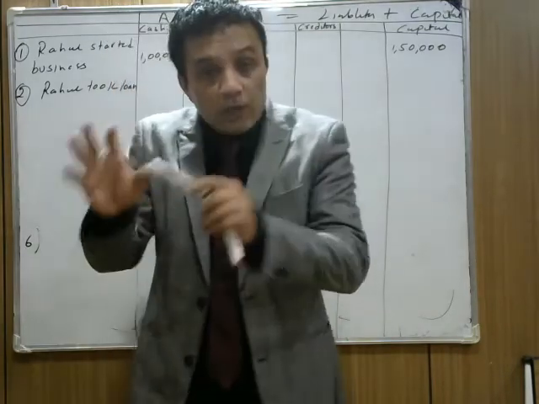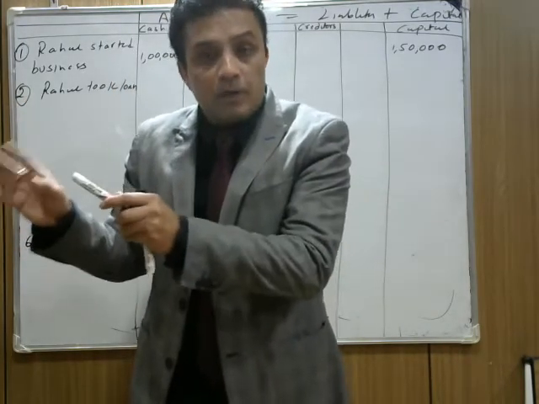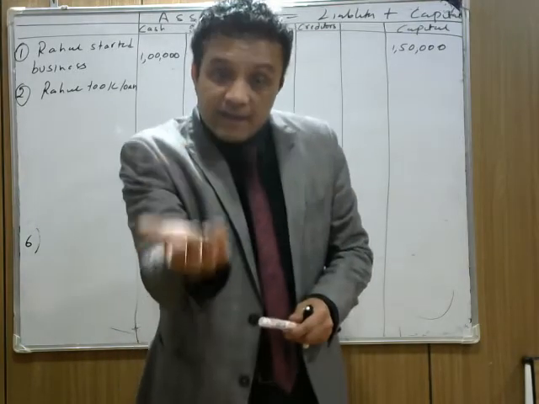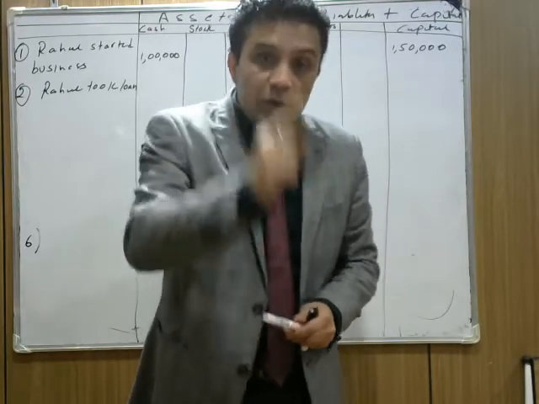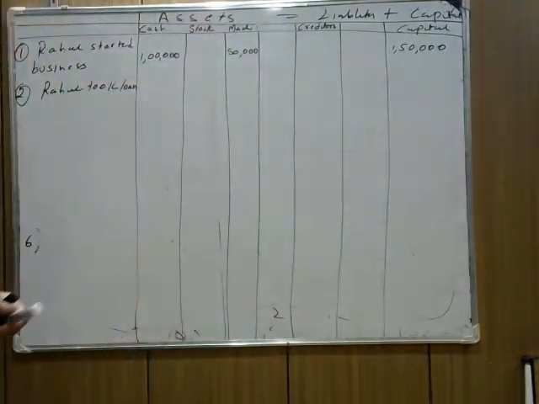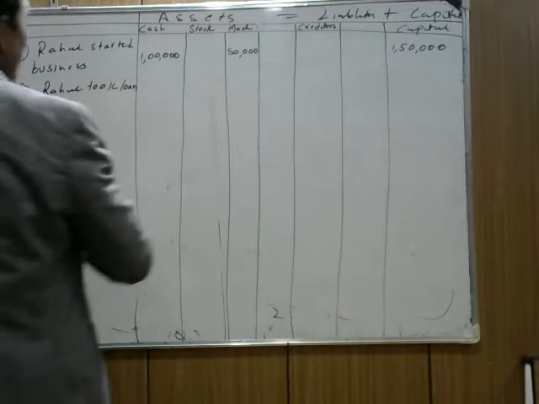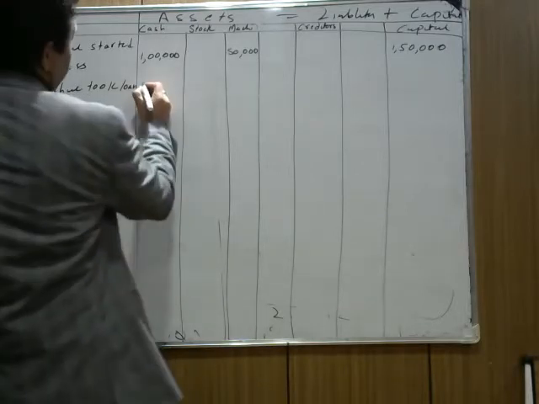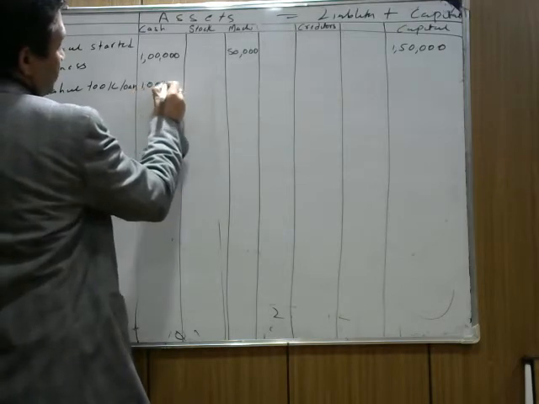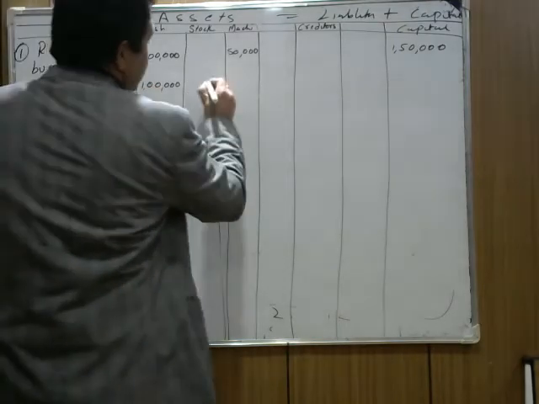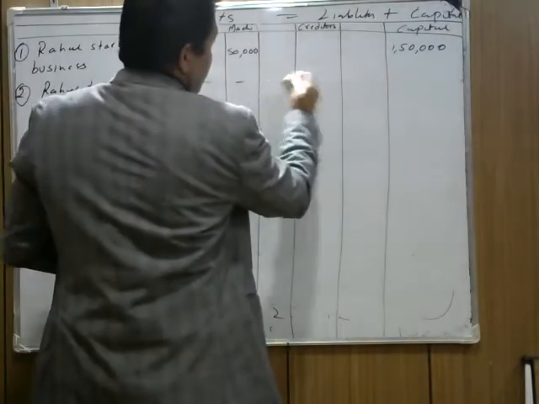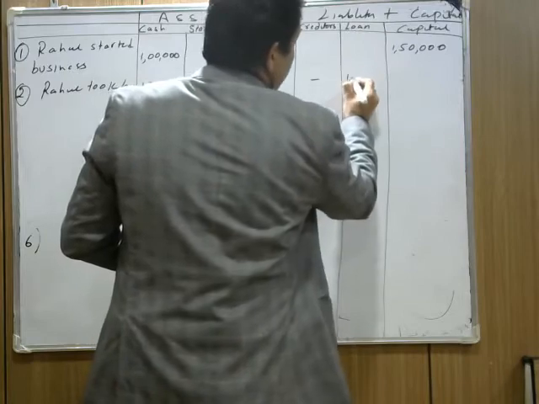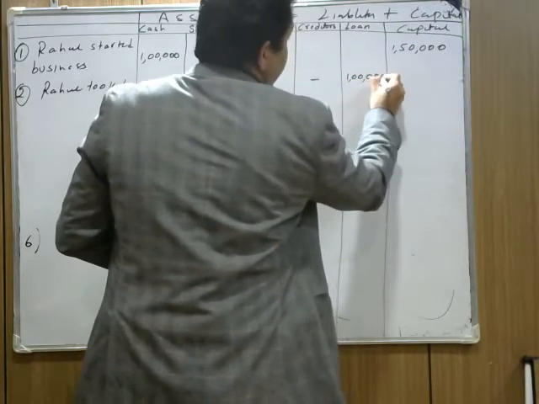Rahul took a loan from his friend. So when he took a loan from his friend, his cash increases, but his liability also increases. So I write here, in this column, Rahul took a loan of rupees 1 lakh from his friend. So cash will increase by 1 lakh. No change in stock till now, no change in machinery, no change in creditors, but here write loan from friend. How much did he take as a loan? 1 lakh. The liability also increases.